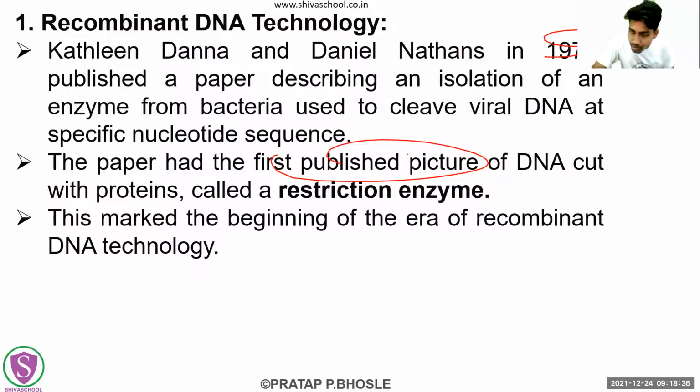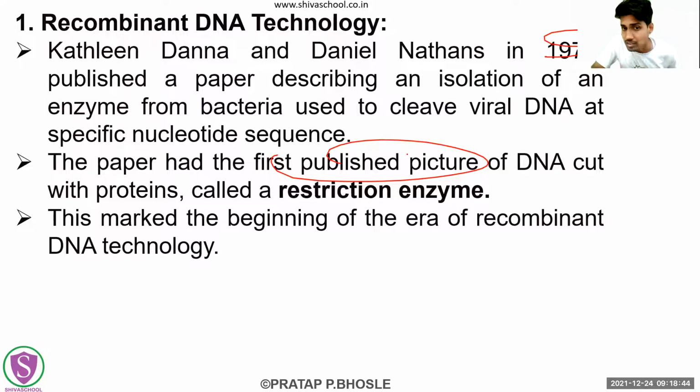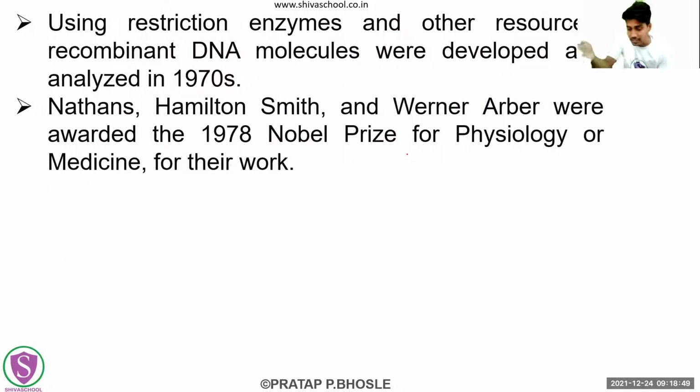From here on, there were various advancements in recombinant DNA technology. With the innovation of restriction enzymes and the techniques in this paper, we started to know how we can manipulate the DNA of different organisms.